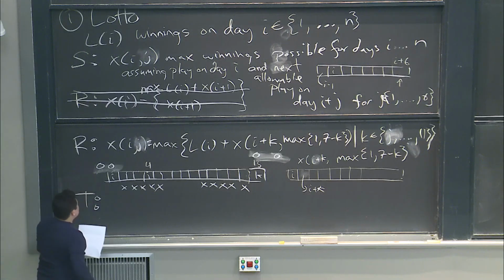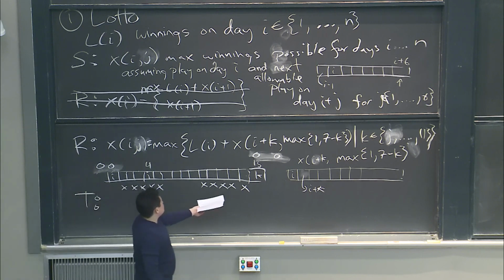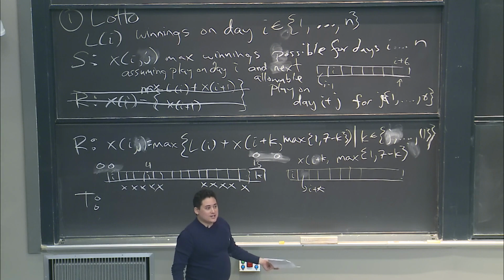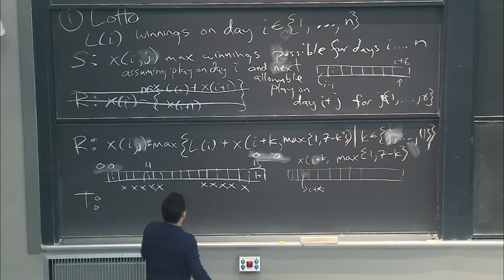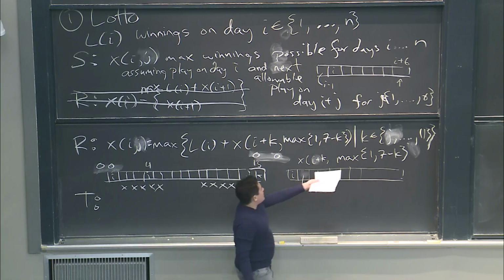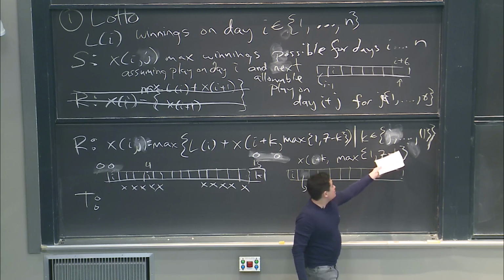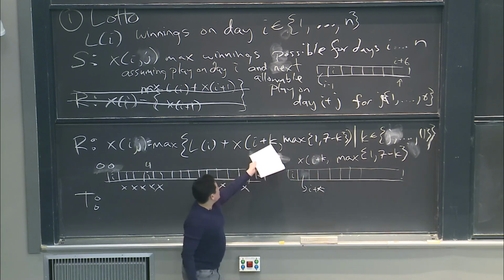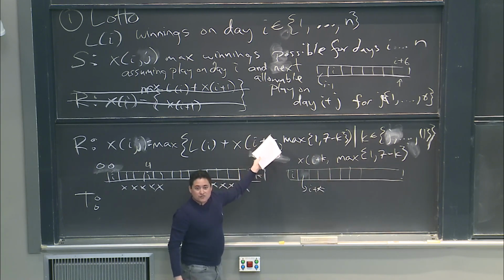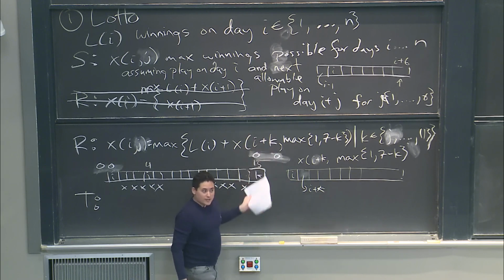So we have our topological sort. What's a topological sort for these subproblems? Anybody? k is always going to be a positive number, right? Because j goes from 1 to 6. So I'm always going to be increasing in this first quantity, right?